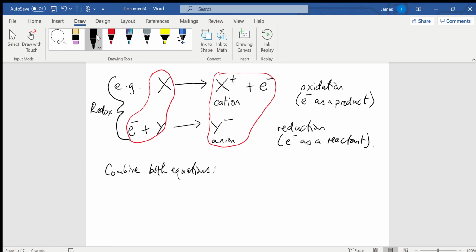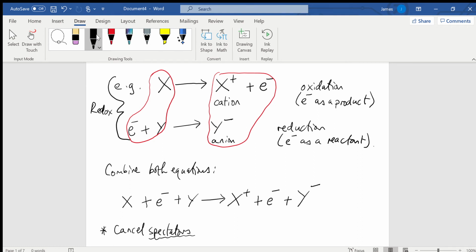So that would be X plus an electron plus Y, all the reactants, to give X plus, an electron, plus Y minus. Now we would have to do something you would do in any math class: we cancel spectators.